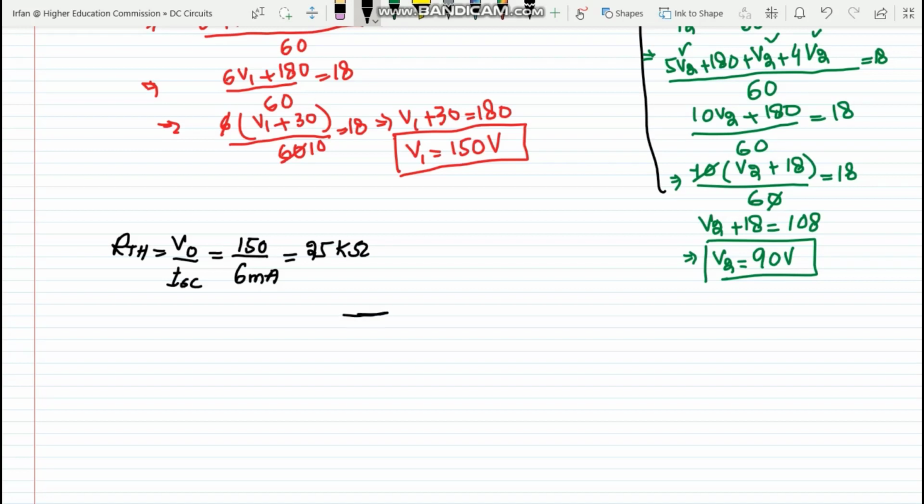So now, in order to connect my voltage source here and a resistor here, these are my terminals, terminal A, terminal B, and this is the resistor, 25 kilo ohm, and this is the voltage, which is of 150 volts.